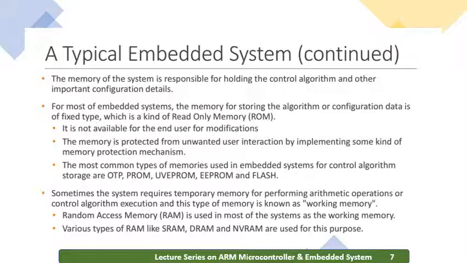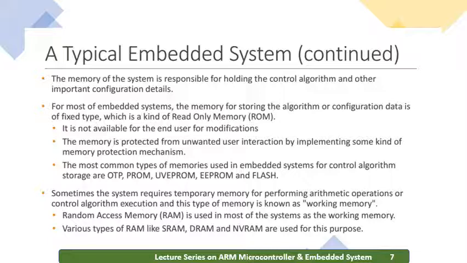Okay, so program memory, and it is available to the end user without modifications. This memory, that is program memory, will be protected from unwanted user interaction, so it will be in a protected mode.